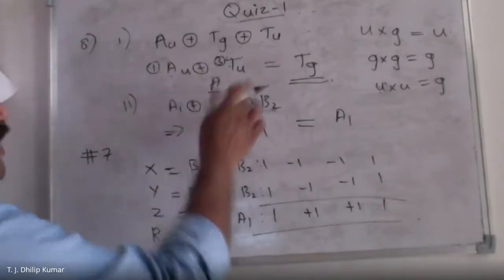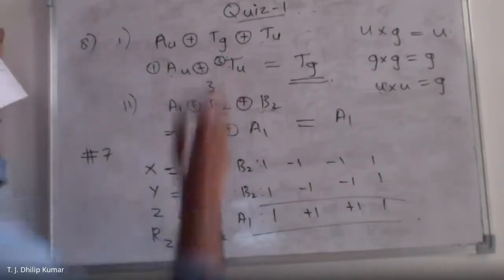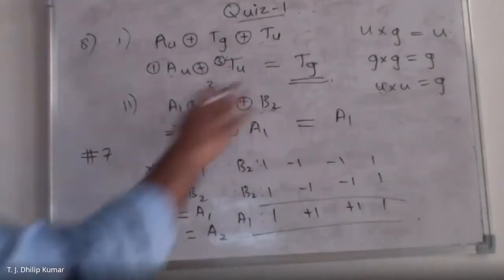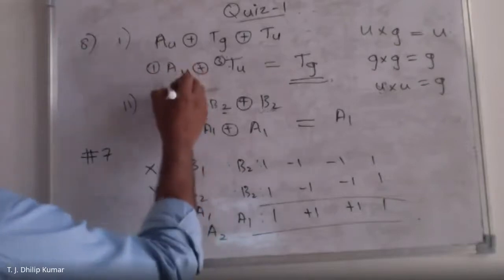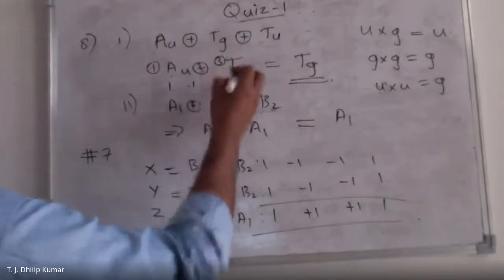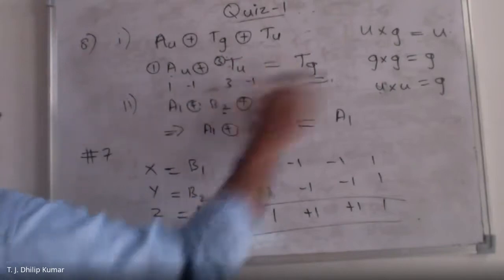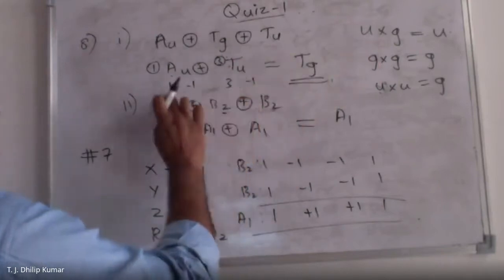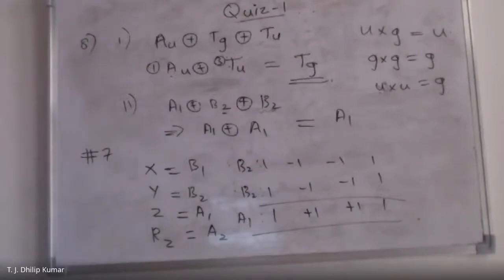When you multiply, it cannot be A, it should be 3 only. That means it should result in T only, because you are multiplying the matrices. A will have 1, minus 1, something like that, T will start with 3, minus 1, something like that. So when you multiply 3 into 1, it cannot be 1. So it should be 3. So the product should be T.